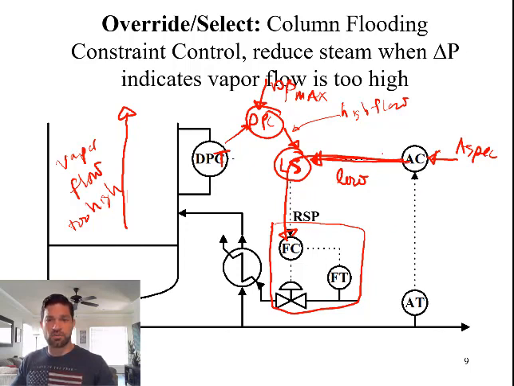If the composition controller is asking for a higher flow, then this delta P max loop takes over and controls the flow of steam. So the composition will be out of spec for that period of time until the disturbance goes away and the system can recover.